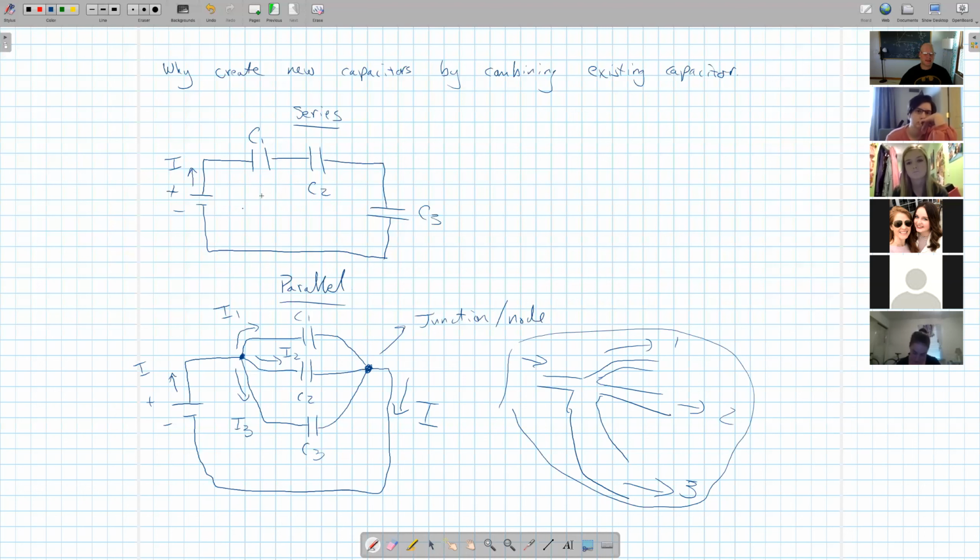So good. Basically, when I sum these together, we can create a new type of capacitance based off the way that these things are arranged. Now, it turns out that when these are in parallel, and we'll derive this in class, but I'm not going to do it now, what we call the equivalent capacitance is simply equal to C1 plus C2 plus C3, which is, in a more general sense, the sum over all of the capacitances.